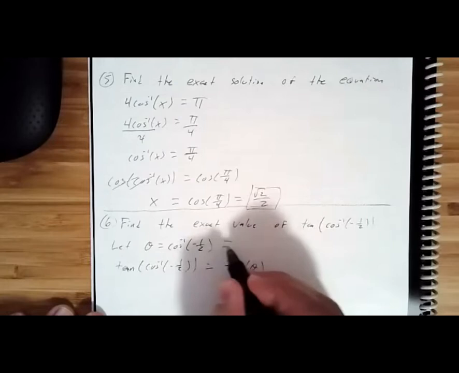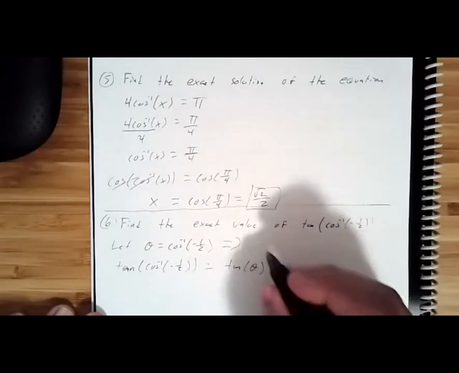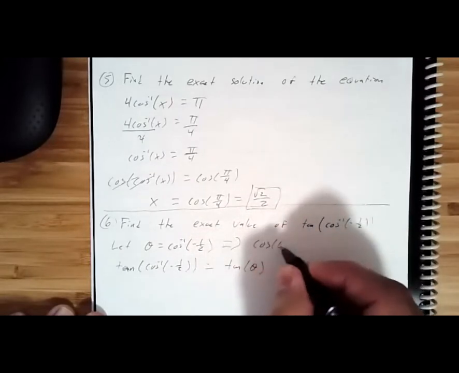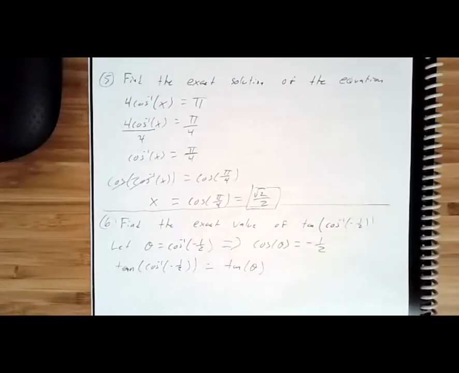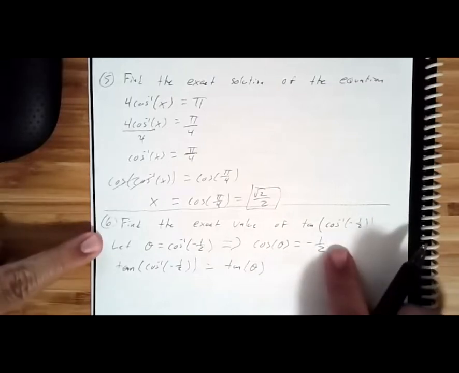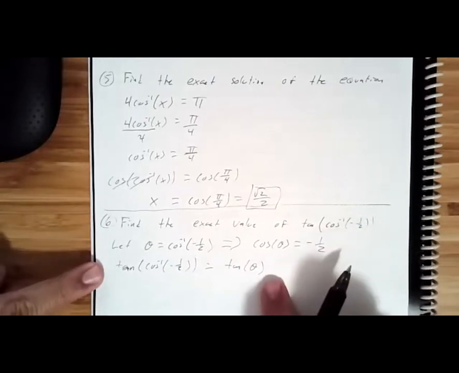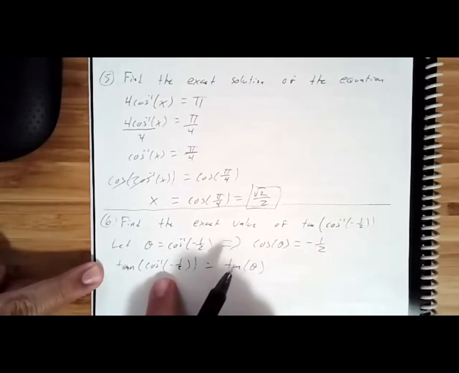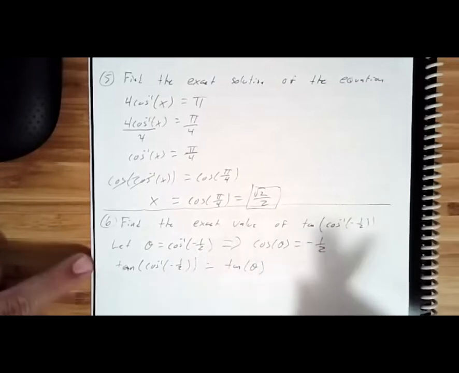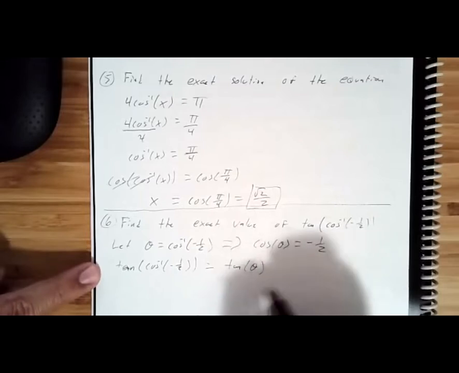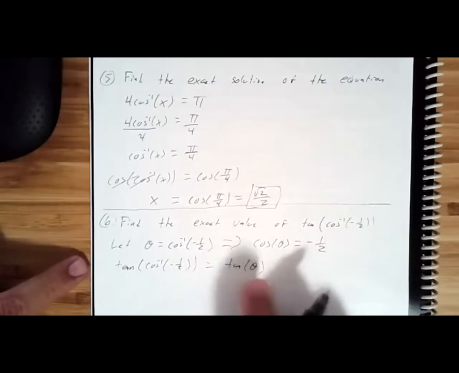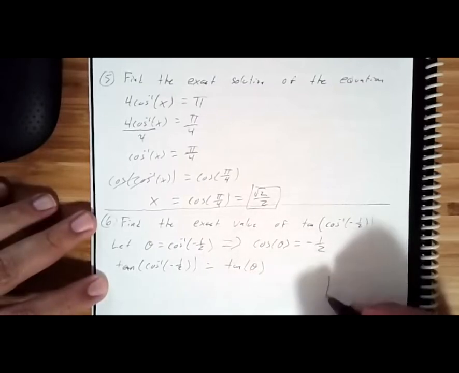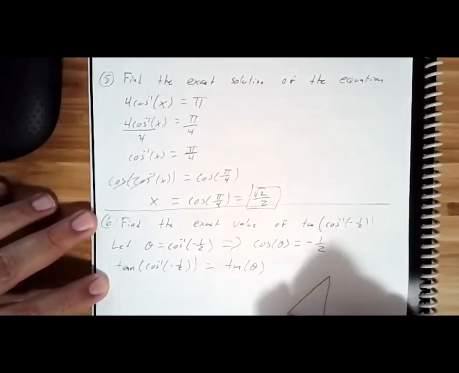And this, by definition, we can apply the inverse definition and say, well, that means there exists a cosine of theta that will give me a negative half, right? So right here, I applied the definition of inverse. Here, I'm just relabeling this as theta. So what they really want to know is this. The actual question is, what is tangent? So now that I have cosine, find tangent.